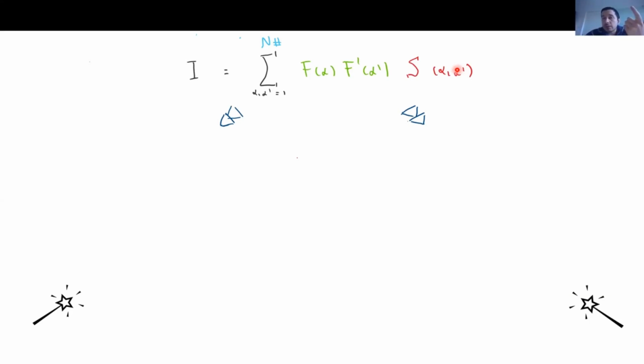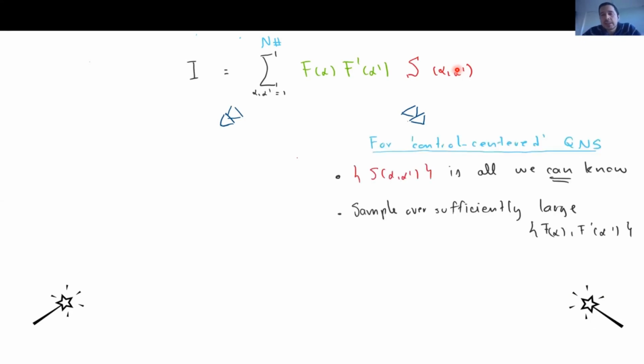There are two main consequences here. The first consequence is that these S alpha alpha prime elements, the representation of the noise in this frame, are all that we can know about the noise.